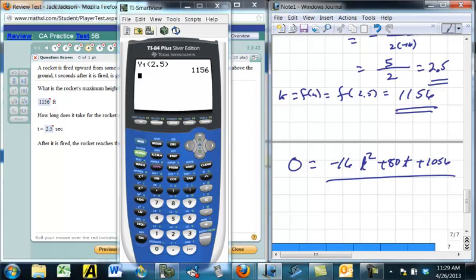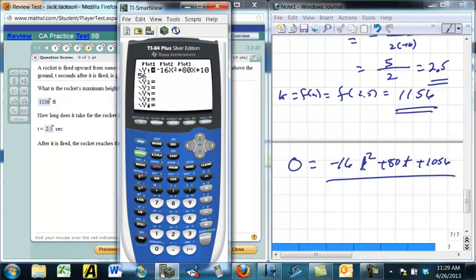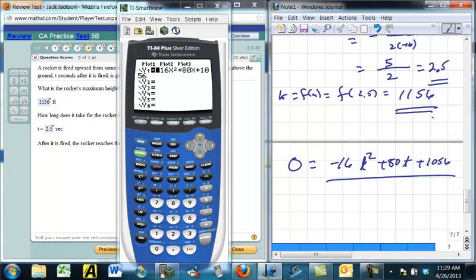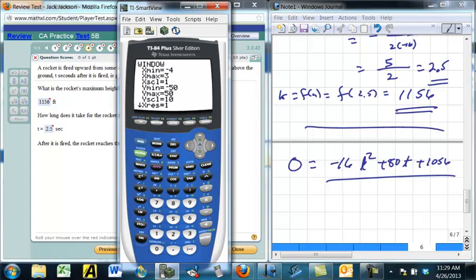Or, you know what, since we've already got this in the calculator, why don't we just graph it? In fact, we could find the maximum that way as well without remembering the vertex formula. So let's figure out what an appropriate window would be. X is time, and I don't know how far out in time we need to go yet. I need to go until it hits the ground.